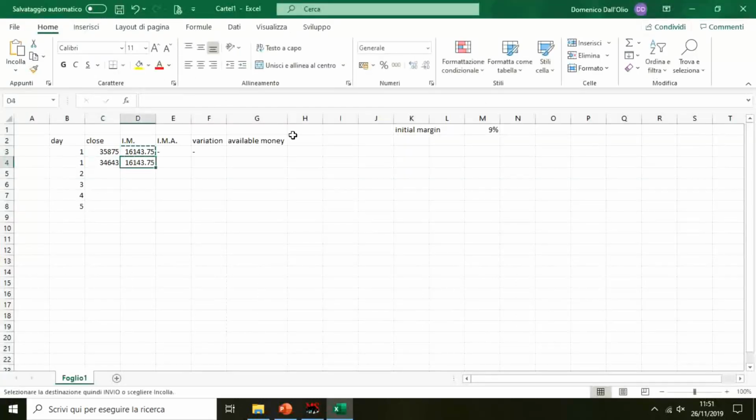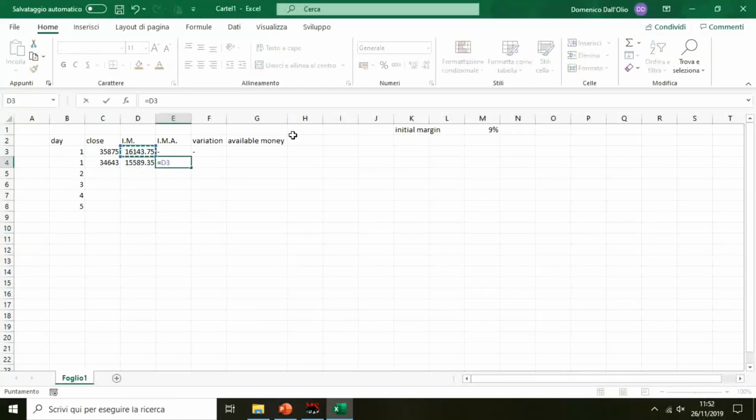Initial margin would have been 15,585, meaning that I would have had an initial margin adjustment of this minus this, plus 554 euros that would have come back to my account.